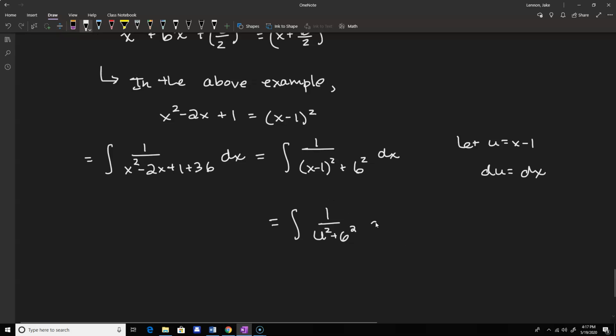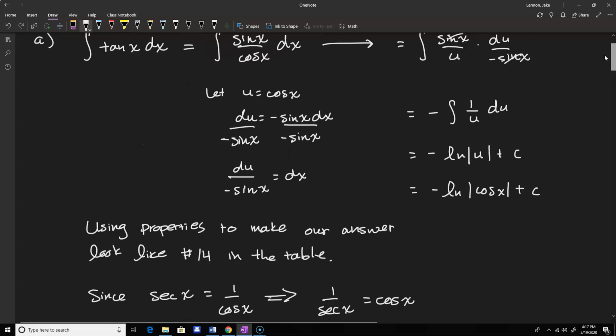and then we apply the integration formula. So this will now equal 1 over 6 times the inverse tangent of, was it 6u then? So let's recall.